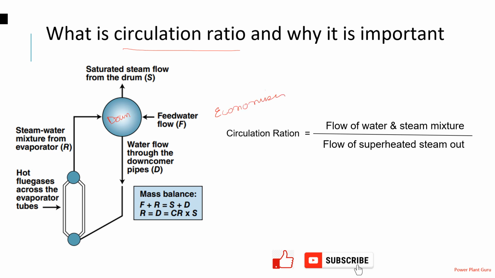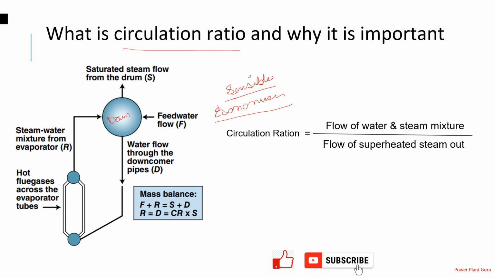From the economizer, the water is coming. What is the purpose of that economizer? To provide some heat to the boiler feed water. And what is that type of heat? We call it sensible heat, because we don't want to heat so much that the water becomes steam. There should not be two-phase flow in the economizer.